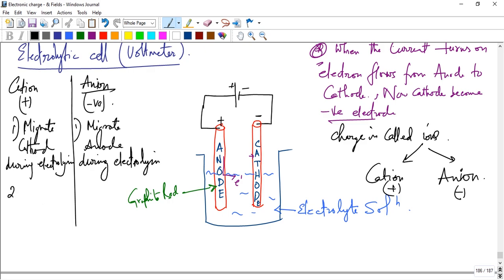And the next important point, the difference between these two: the cation gains electrons from the cathode, gets reduced, and becomes a neutral atom.